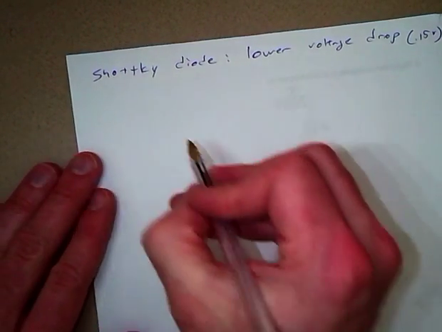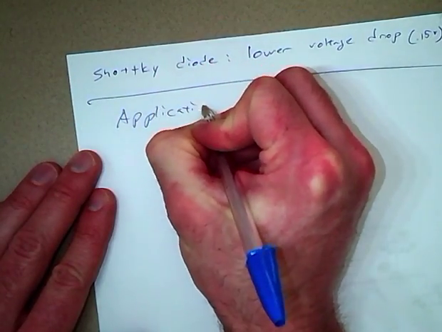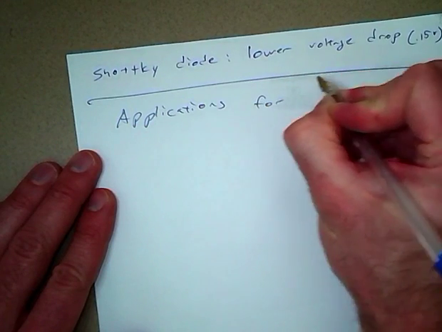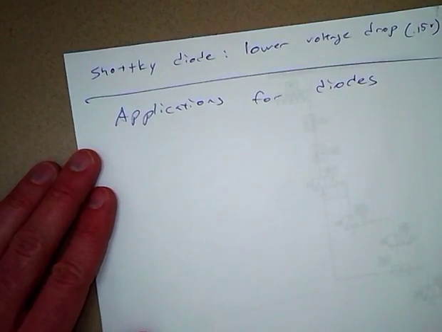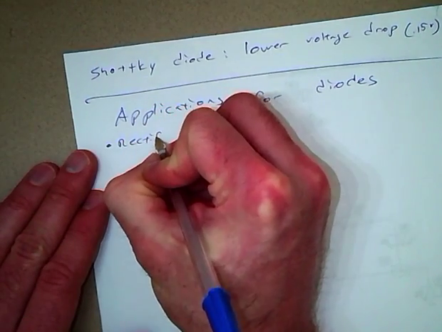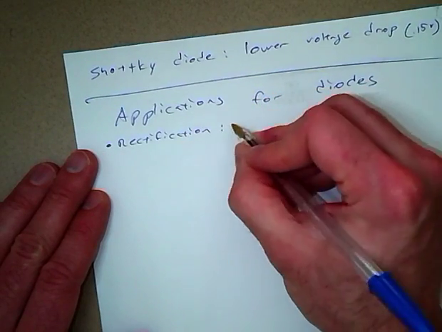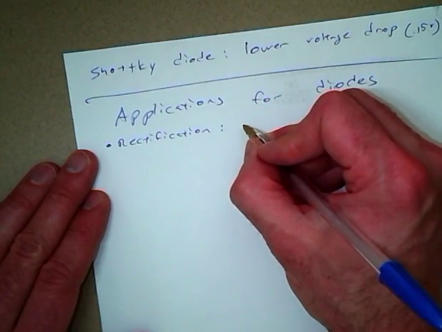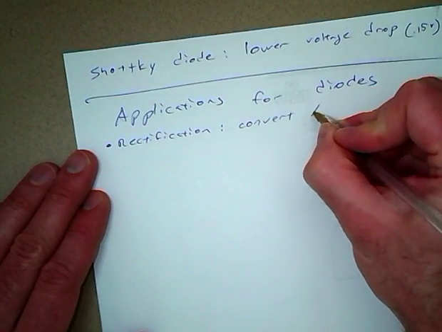So here are some applications for diodes. First of all, rectification. And that's when we convert AC to DC.